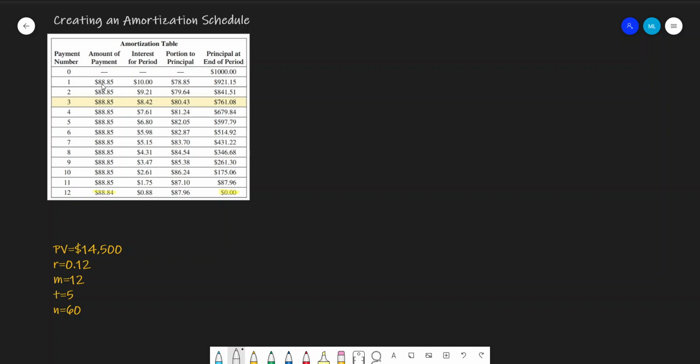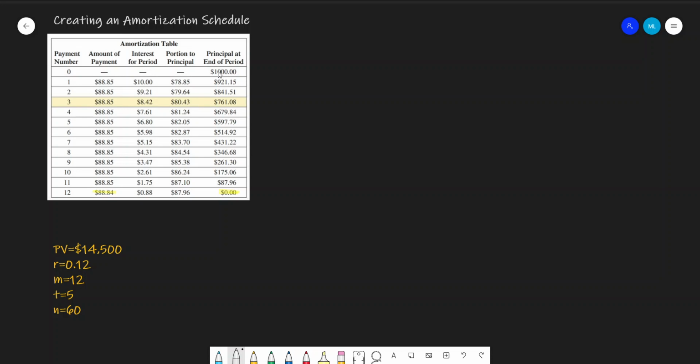But see how you have the amount of a payment is 88.85, then you have the interest for that period, the portion to the principal, and then the principal at the end of the period. So essentially, once you know the payment, you can find the interest for the period by multiplying the unpaid balance times the interest per period.